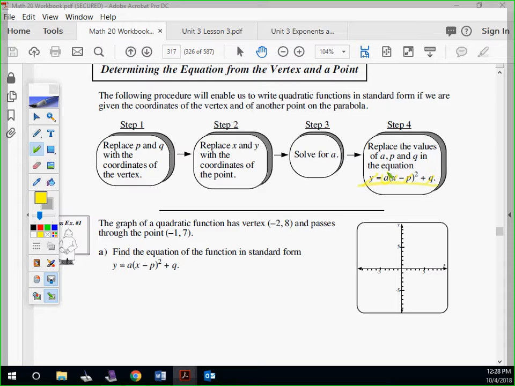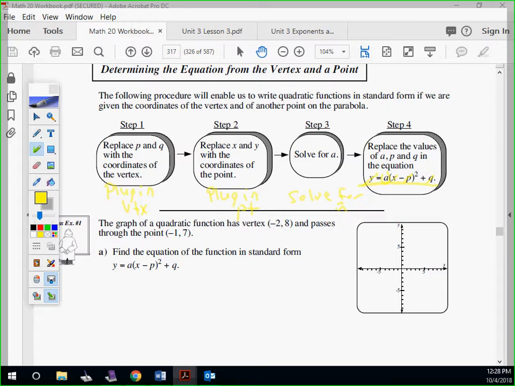Then plug in the point, and solve for A. That's essentially it. That's all the craziness. We'll work on it and see if we can make it less crazy.